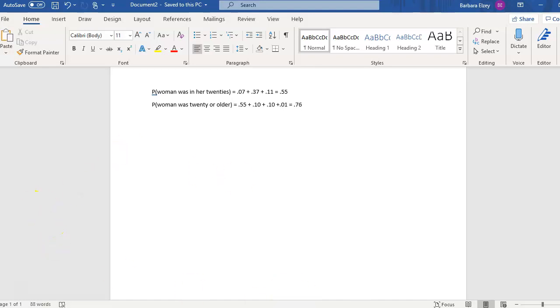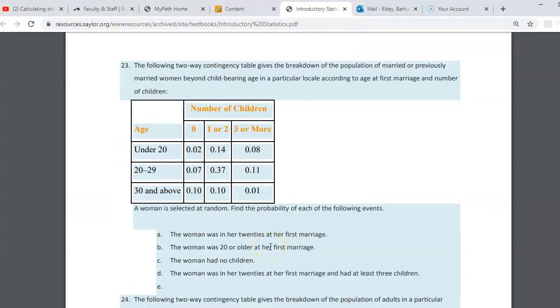Let's look at our next one. We want to find the probability that the woman had no children. Here's our number of children, and there's 0 children right there. We're looking at everybody in this column, the women who had no children.